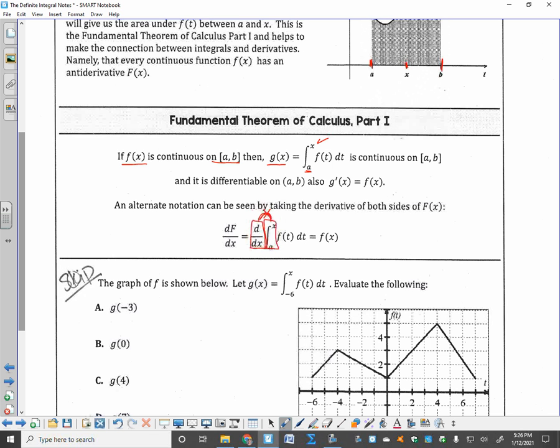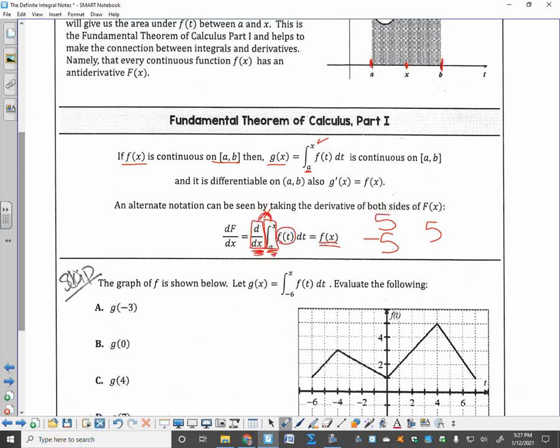It's like squaring a square root. You're just left with the inside part. Now, don't get hung up on the t's and the x's, okay? Just trust me. That's a very minor detail. I mean, it's important, but it's a very minor detail. You're taking the derivative of an integral. So if I have a 5 and then I subtract 5, I'm left with nothing.